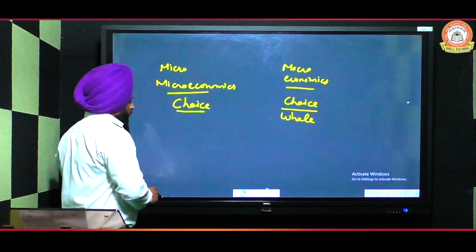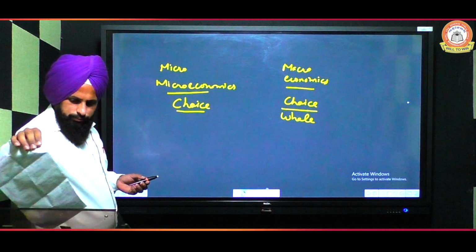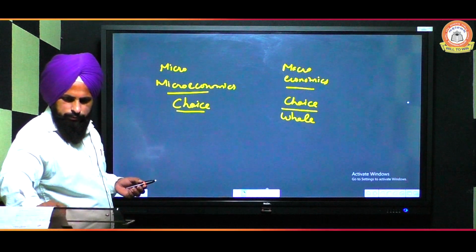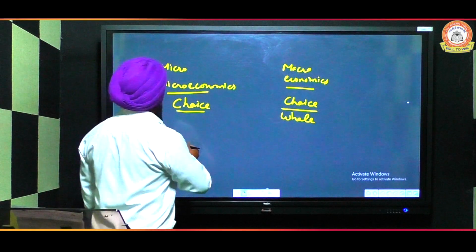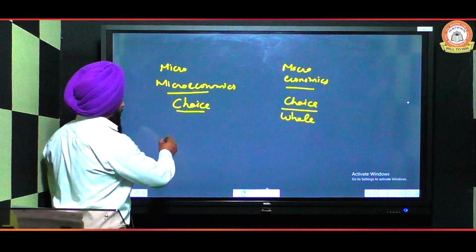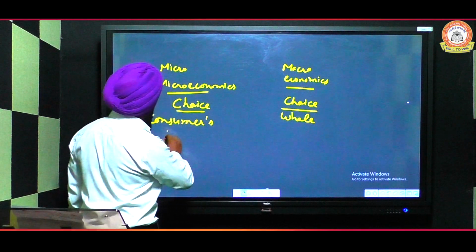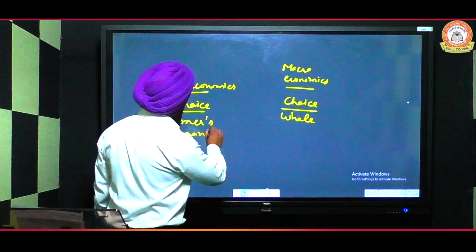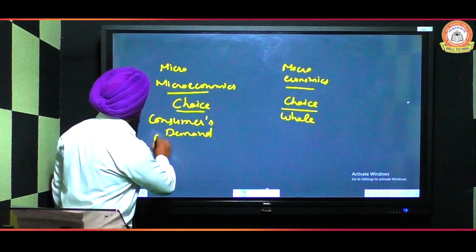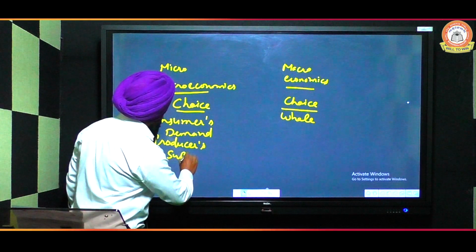Then we have economic variables. The economic variables under microeconomics are consumer's demand and also producer's supply.